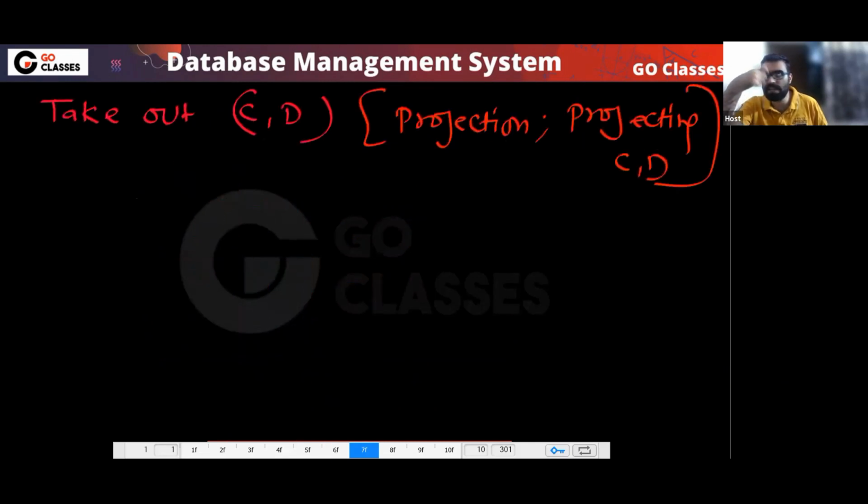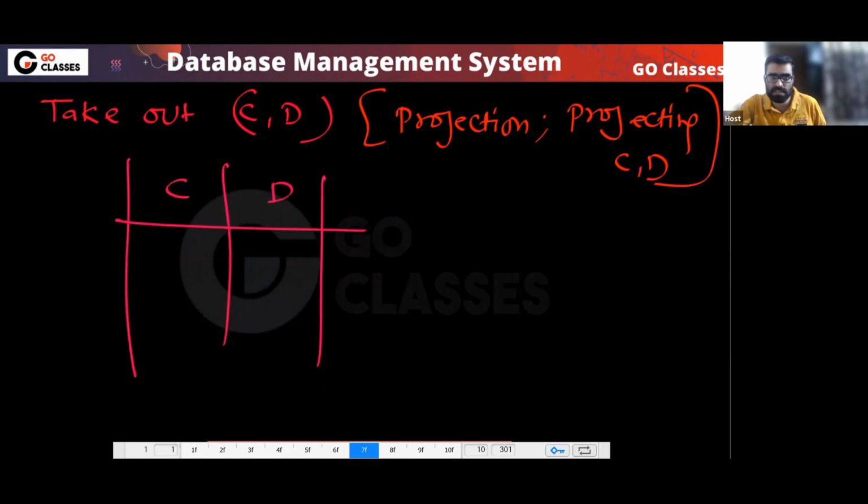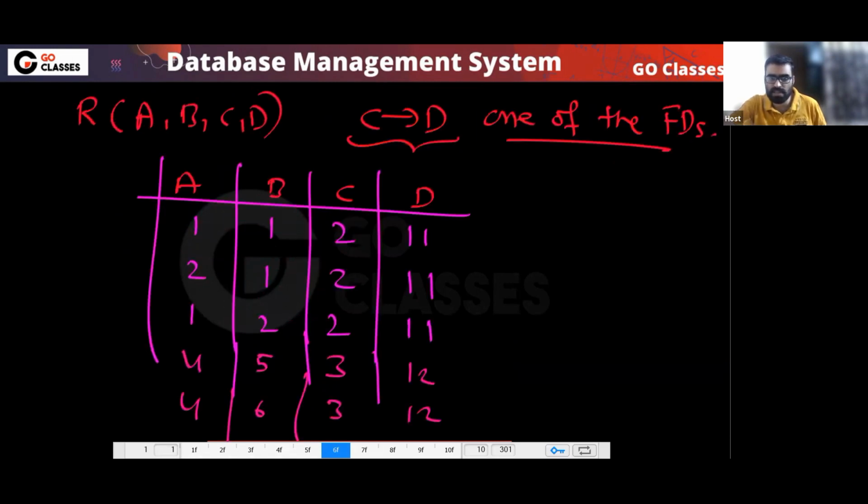So tell me, if I project C comma D, then what will happen? Then I will get 2 11 and 3 12. Yes or no? This is what I'm going to get.